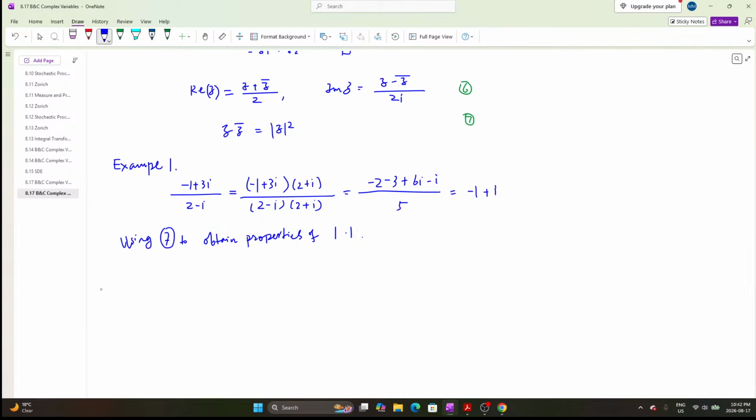Let's see how that's done. For example, you can prove the multiplicative identity: the modulus of z1 times z2 equals the modulus of z1 times the modulus of z2.